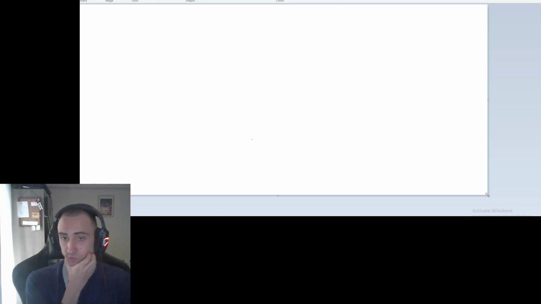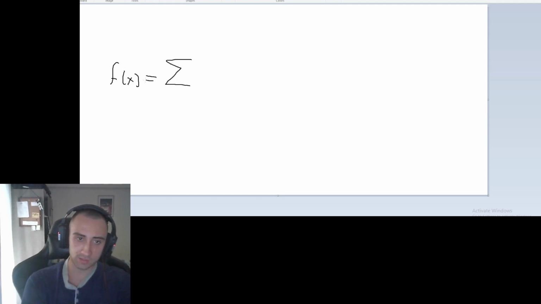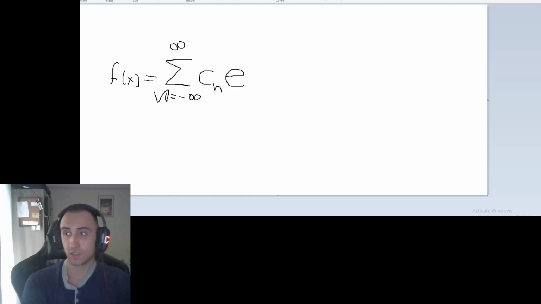So the Fourier transform says that any function of x is the sum from negative infinity to positive infinity of some, actually let's make this n, some c_n times, well, let's do the freaking exponential.